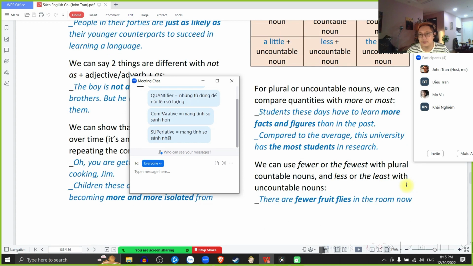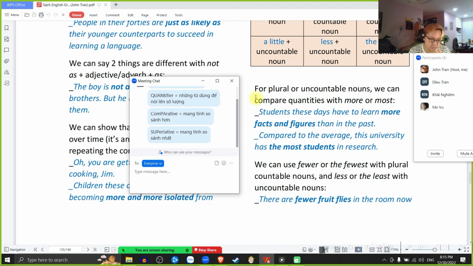Okay. Now, please, Miss Yu, can you read this one? For plural or uncountable nouns, we can compare quantities with more or most. Students these days have to learn more facts and figures than in the past.